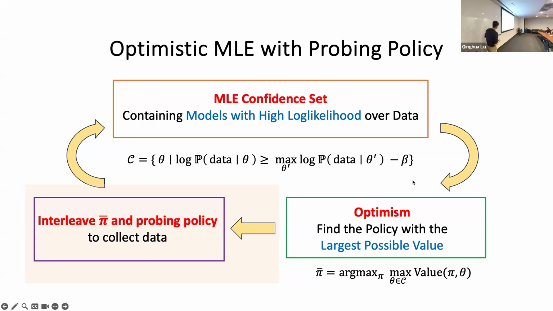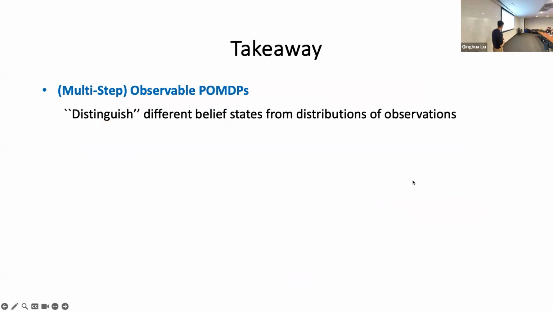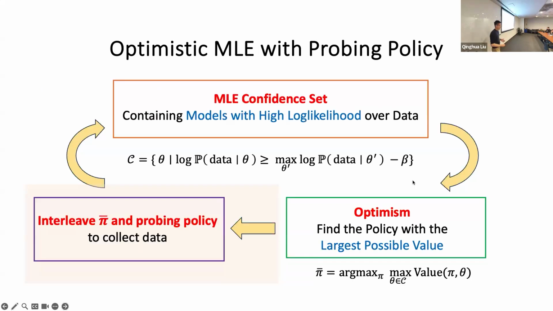In that scenario, what you can do is, first, this probing policy is designed by you. So you can pick it to be some random actions. You can also utilize your domain knowledge to design this probing policy. That's one possible way to avoid wasting samples.